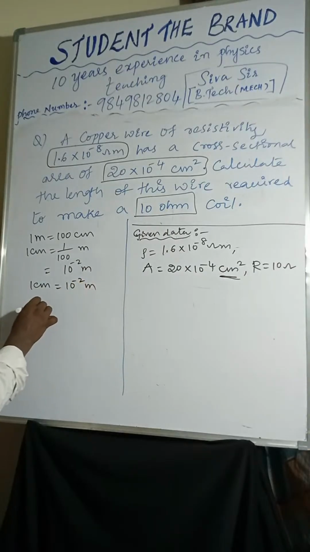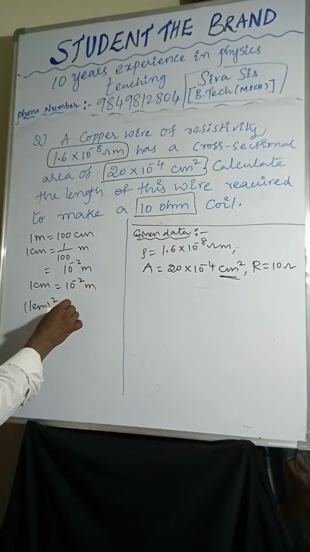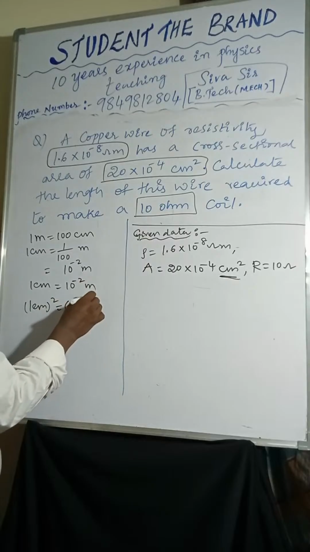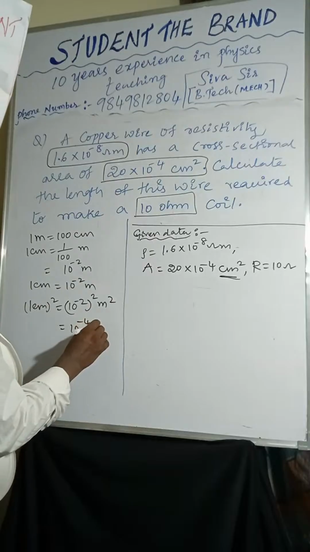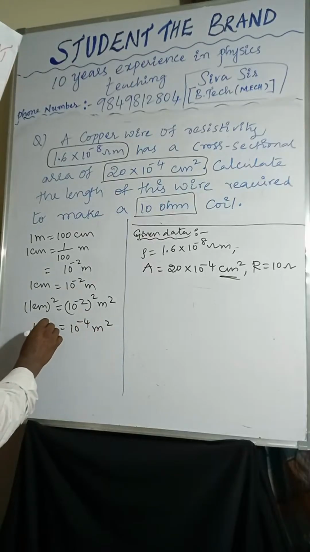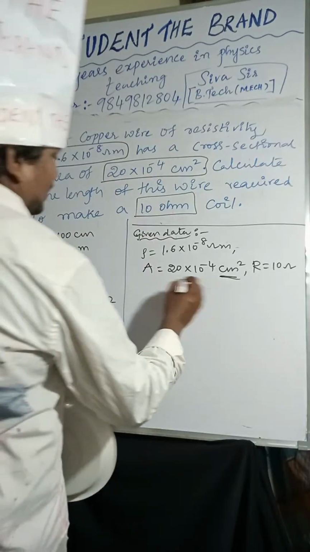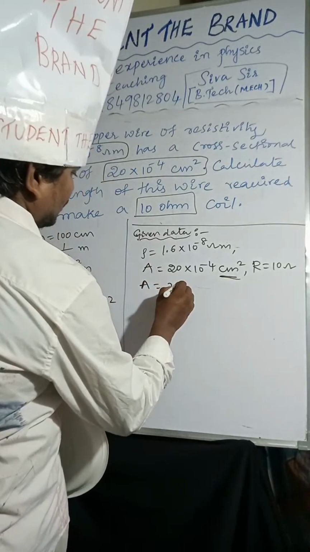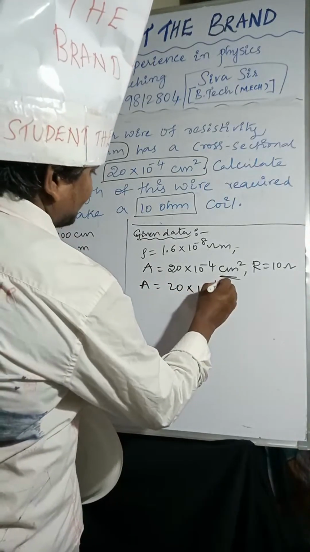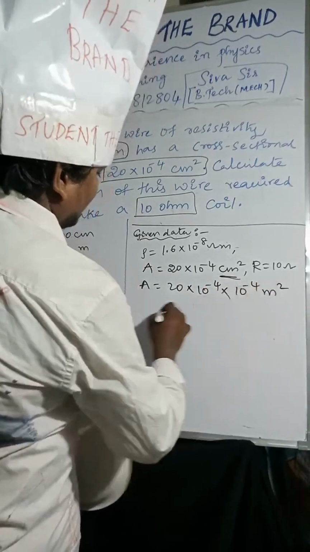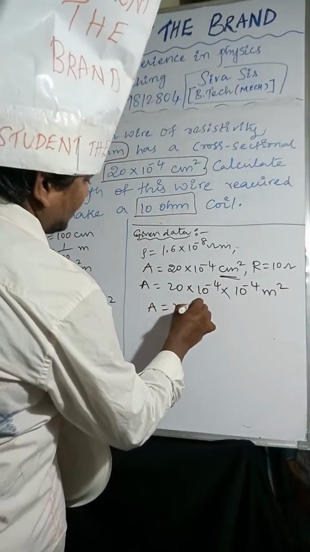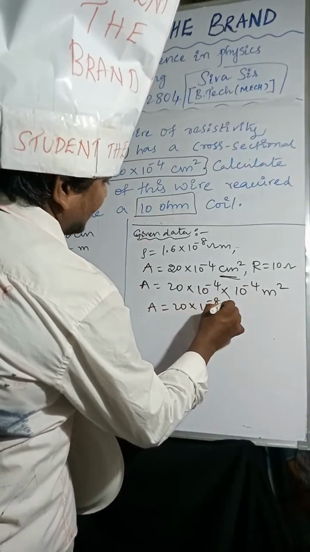So 1 centimeter whole square is 10 power minus 2 whole square meter square, that is nothing but 10 power minus 4 meter square. Now substitute here: A equal to 20 into 10 power minus 4 meter square, then you will get A equal to 20 into 10 power minus 8 meter square.